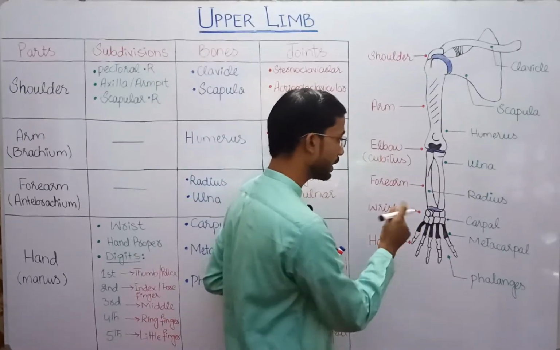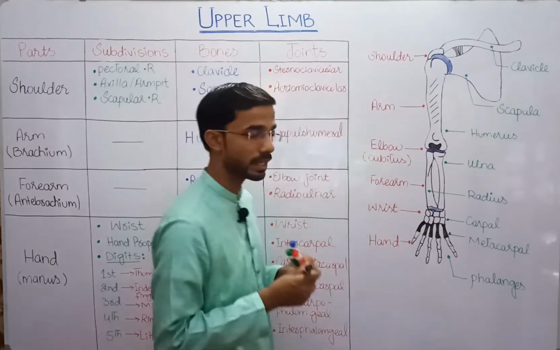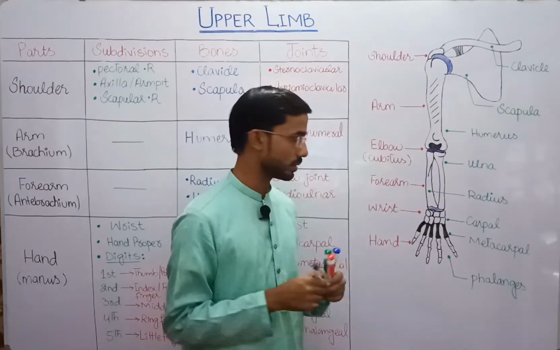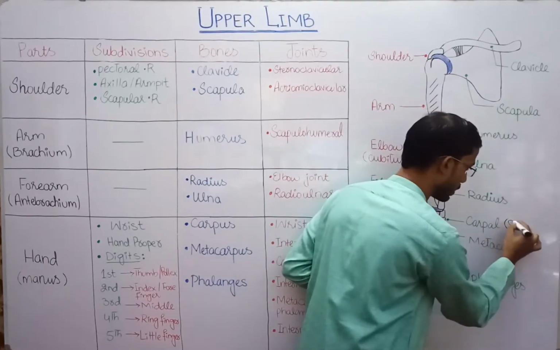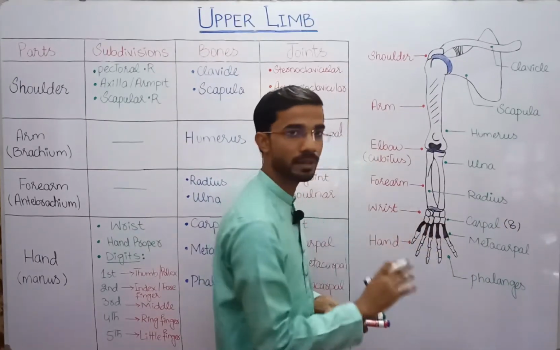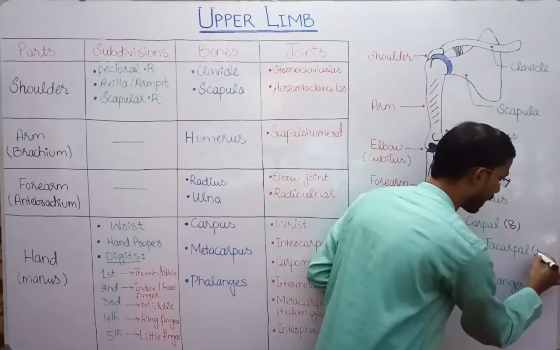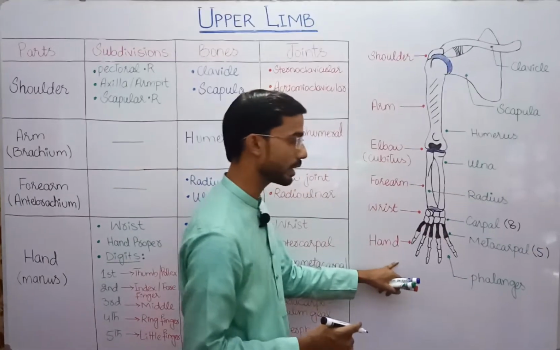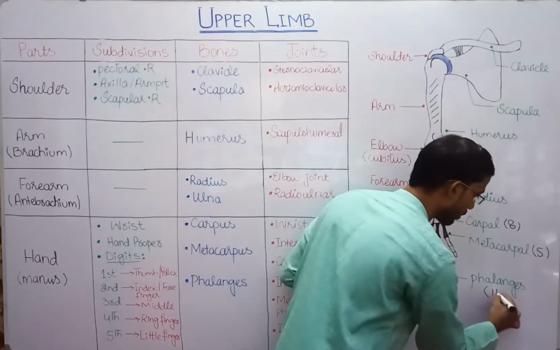and in the hand, or you can say in the wrist, there are 8 bones, the carpal bones, and in the palm region there are 5 bones, and in the fingers there are 14 bones.